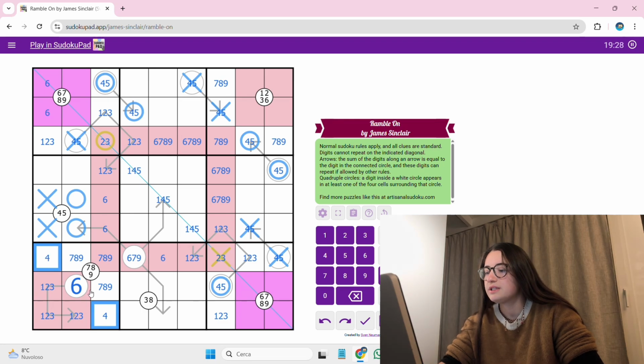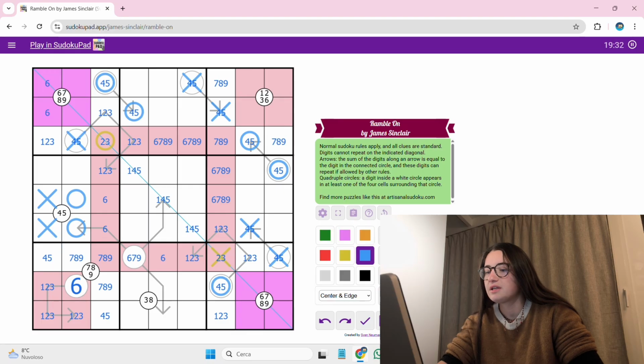We have 1 2 3 4 5 6 7 8 and 9. Specifically, this is going to be a circle and this is going to be a cross.